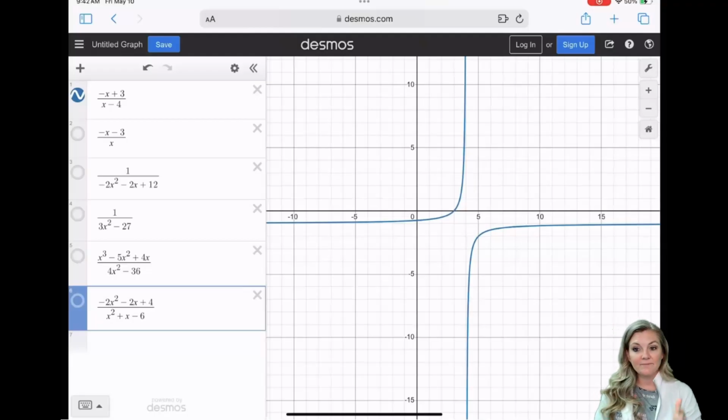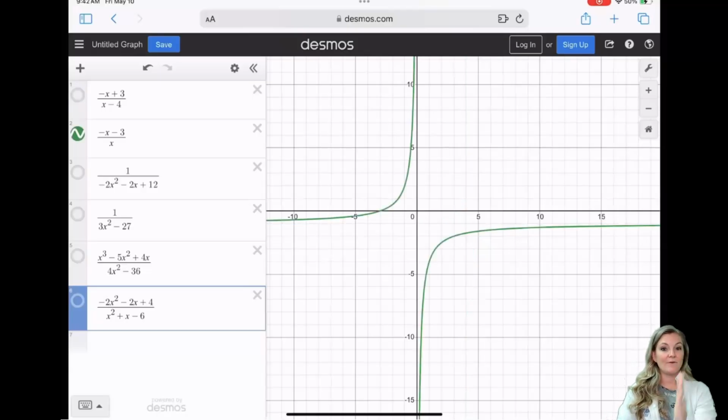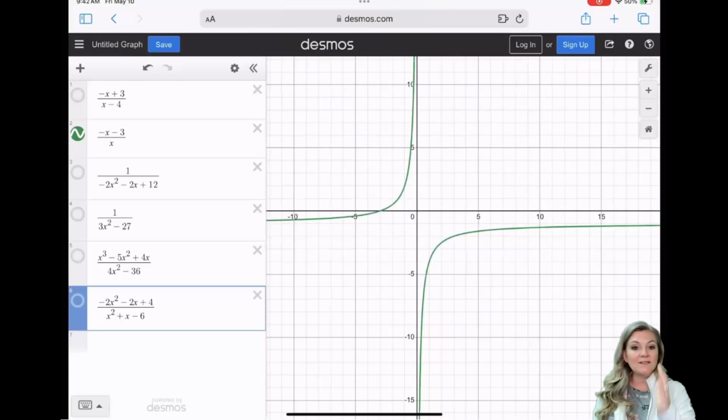This next one, negative x minus 3 over x, is going to have a vertical asymptote at 0. You'll notice it does still have a horizontal asymptote, and it looks like it's going to be negative 1, and we'll talk about where that negative 1 comes from in just a second when we talk about horizontal asymptotes.